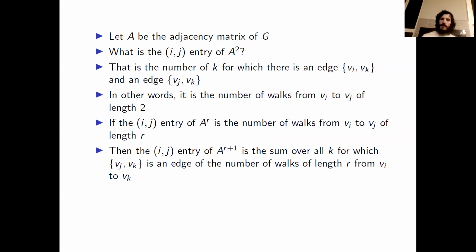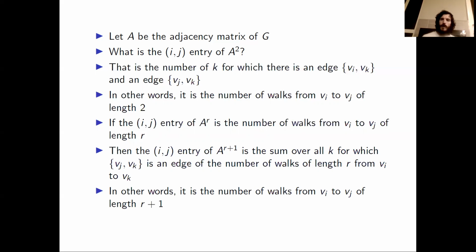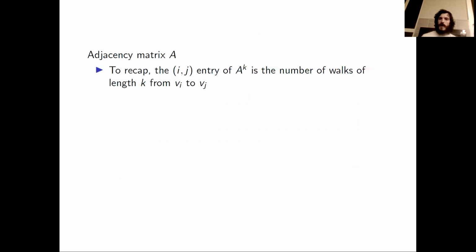Now this quantity is the exact same quantity as the number of walks of length r plus 1 from vi to vj. So that completed our induction, and we just showed that the ij entry of A to the k is the number of walks of length k from vi to vj.